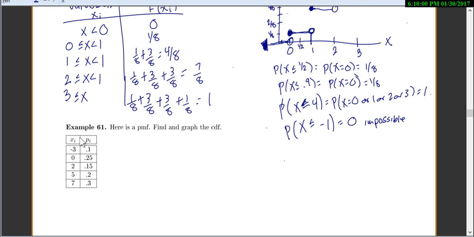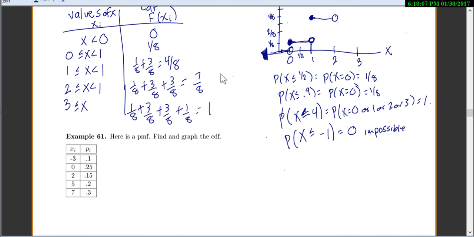So let's try again. Here's just another random PMF. Let's find and graph the actual CDF. So we'll have each x value and each CDF value.